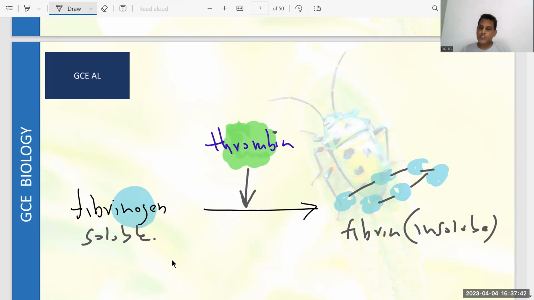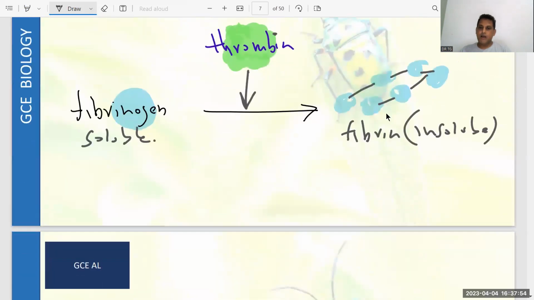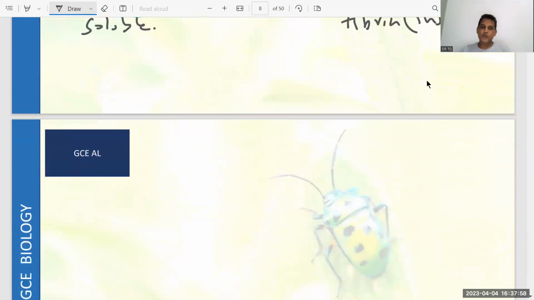Now fibrinogen is in the blood. It's an inactive protein in the plasma. And prothrombin is also an inactive protein in the plasma. So now fibrin forms. What is going to happen?